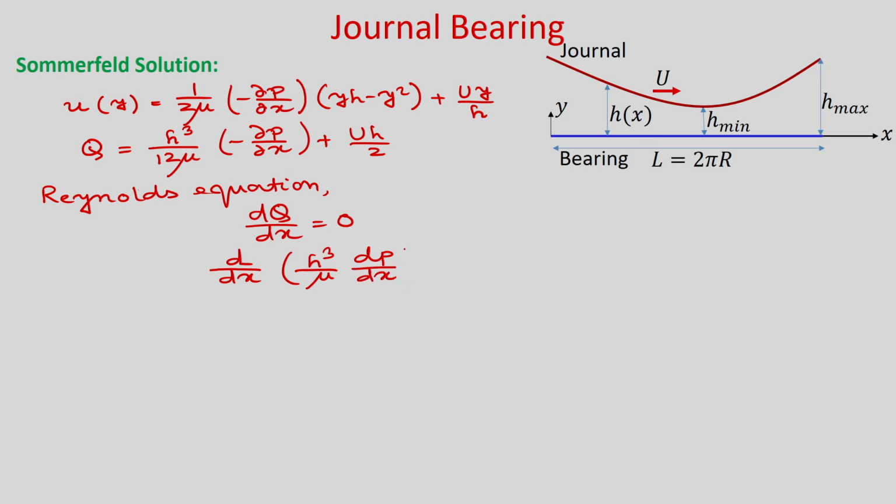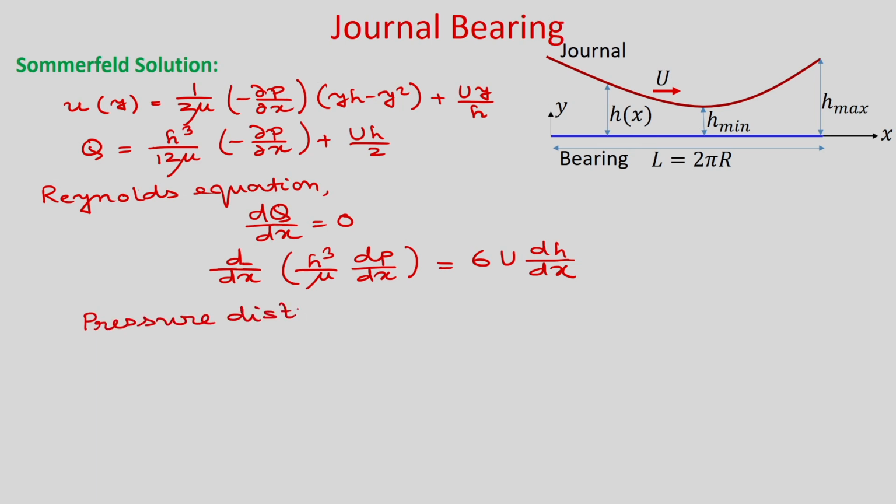So, you can write dp by dx is equal to 6 u dh by dx. Okay. Now if you integrate it and find the pressure distribution, Sommerfeld actually solved this problem. We are not going into the detail of the derivation, but we are writing the pressure distribution.